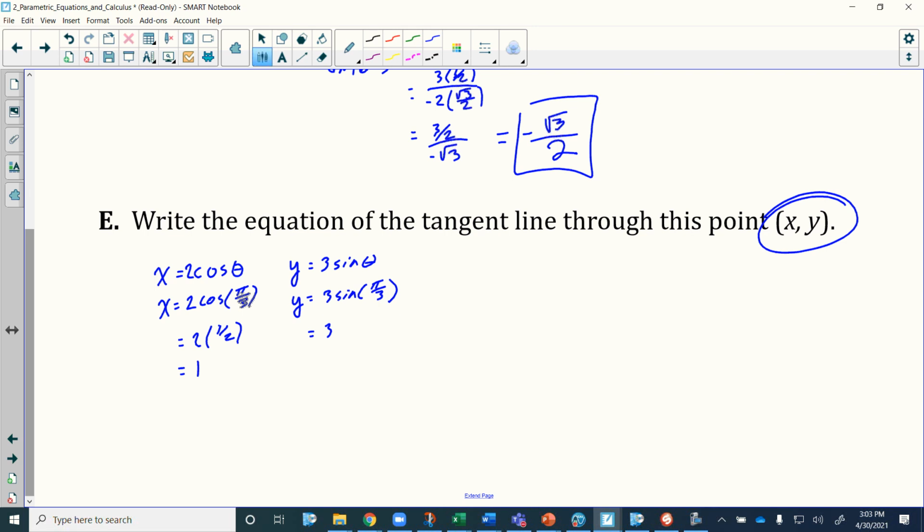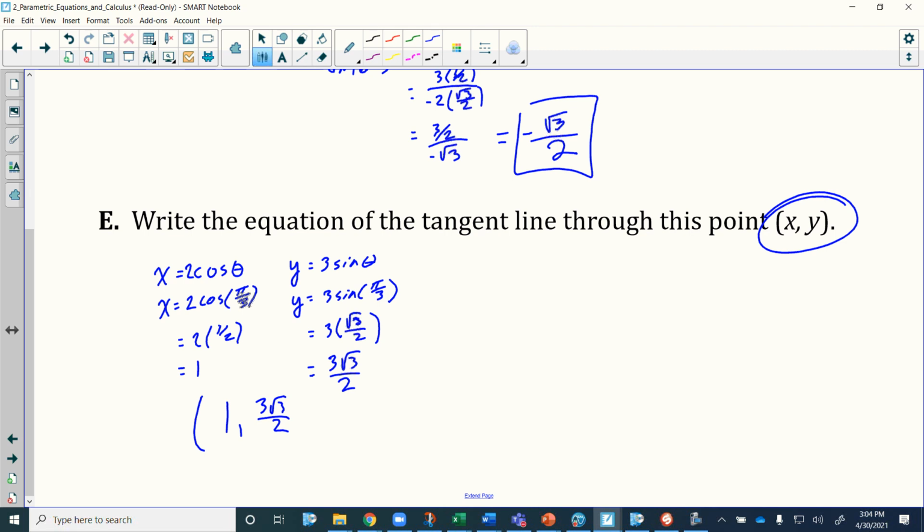So we have 3 times radical 3 over 2, which will just be 3 radical 3 over 2. So now we have our point 1 and 3 radical 3 over 2.